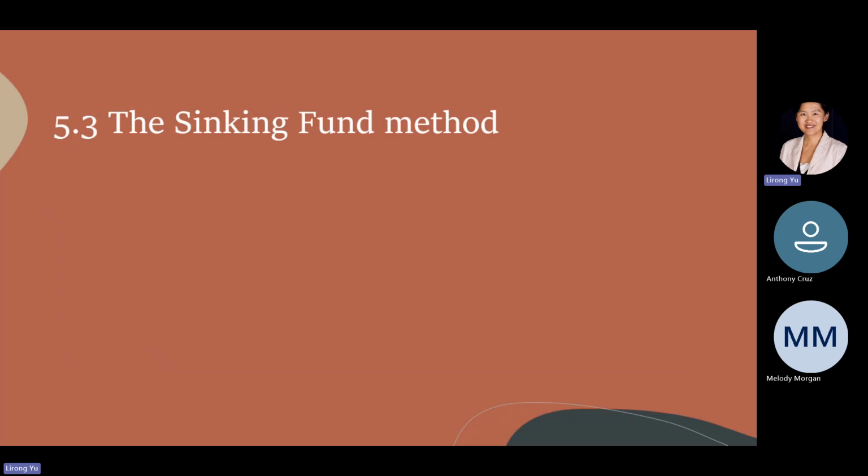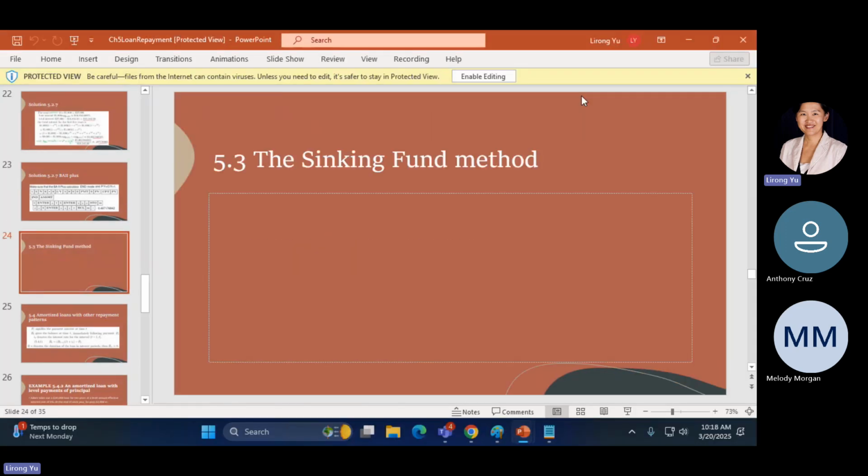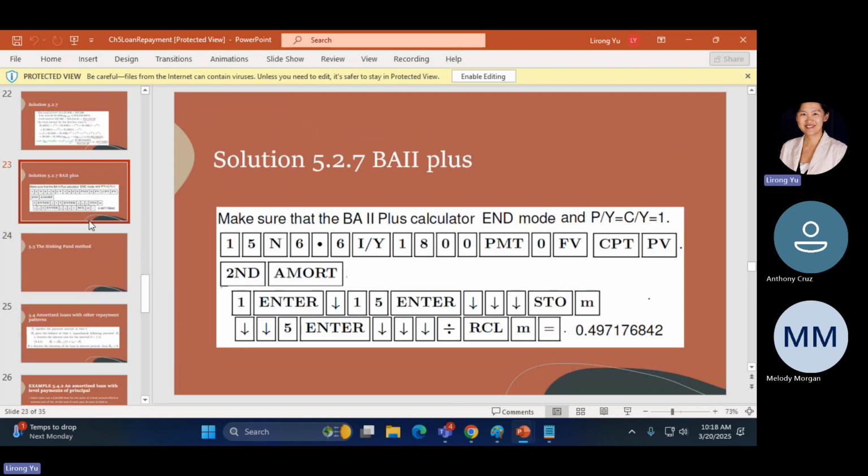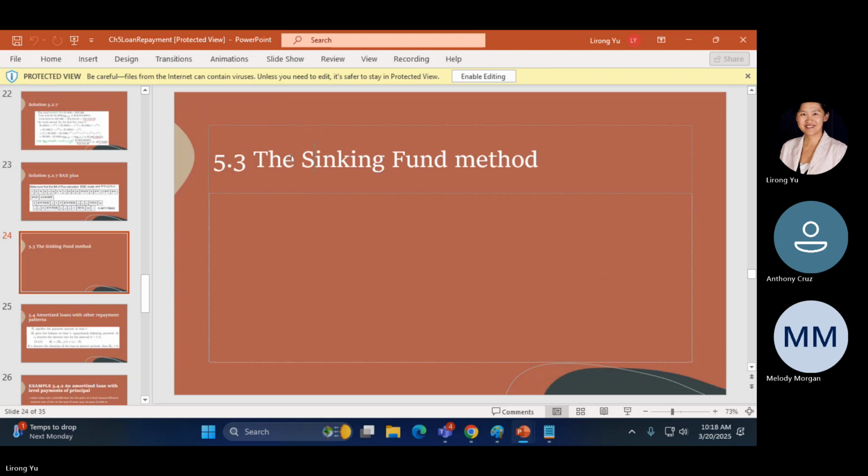All right. What does the sinking fund do? Sinking fund is different than the amortization plan. So instead of paying a little bit of interest, a little bit of principal every time, you will pay your interest, and then you wait.